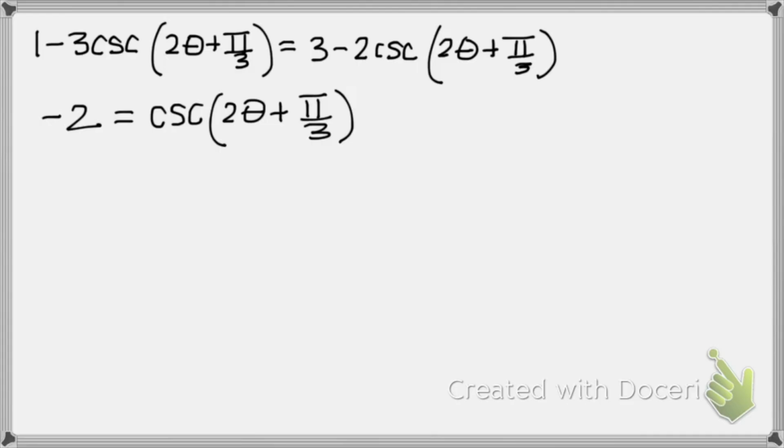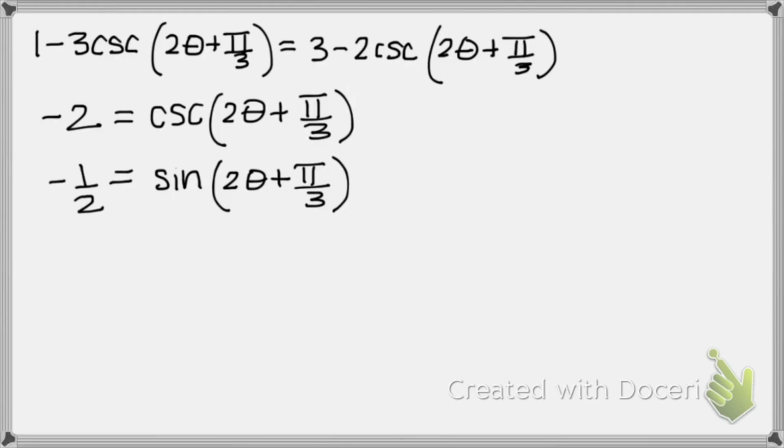something that I see students do that I actually don't hate is that, well, I could just flip this and say cosecant is the reciprocal of sine. So I could go like this if we're more comfortable with sine. See that? Now, is that too big of a jump for you?